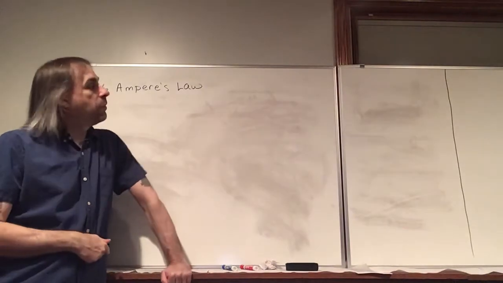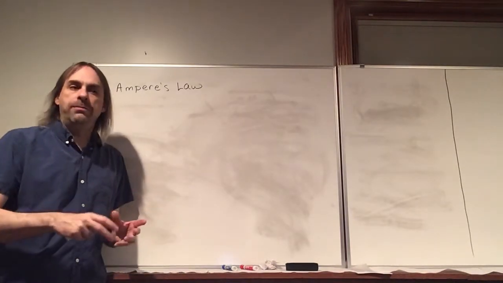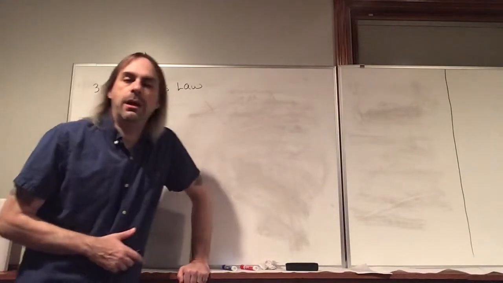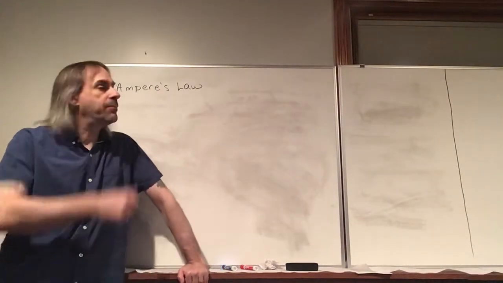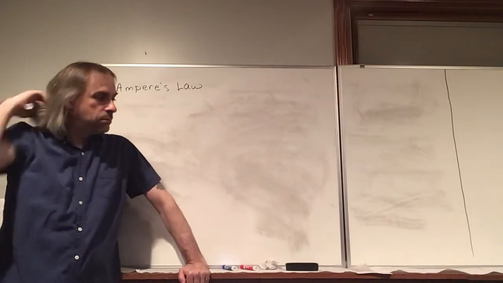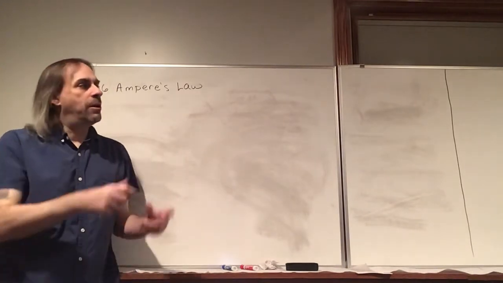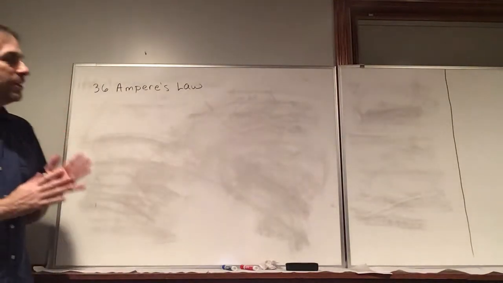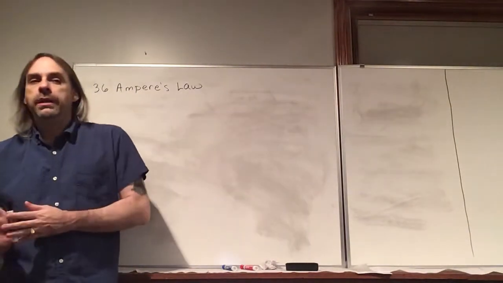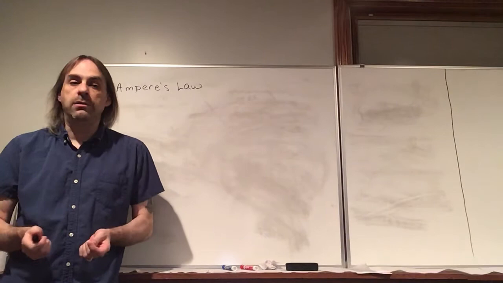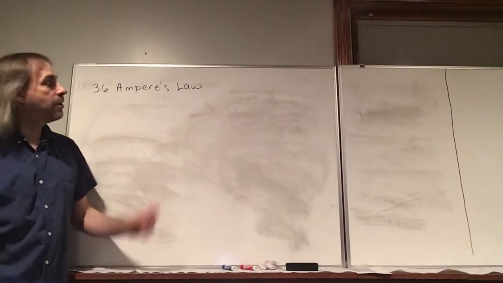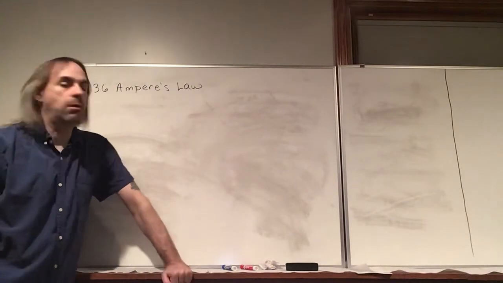Okay, but kind of like we have Coulomb's law, and then we have Gauss's law, which relates the electric flux to the electric field, or relates the charge density to the electric field. And in certain cases, Gauss's law can be used to find electric fields. There's an equivalent that we can talk about here called Ampere's law.